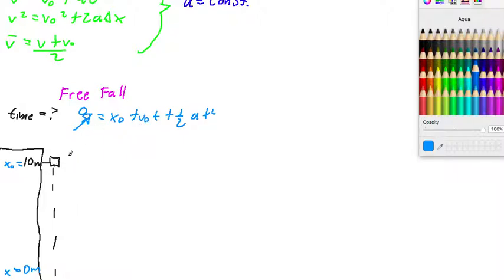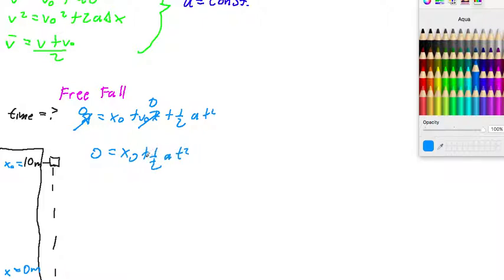The initial velocity itself, before we let it go, was 0 meters per second. So this also becomes a 0. So then we're just left with 0 equals x naught plus 1/2 a t squared.